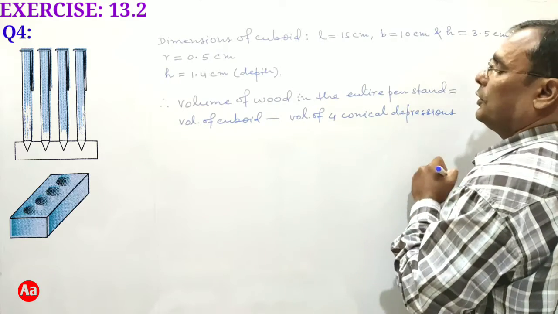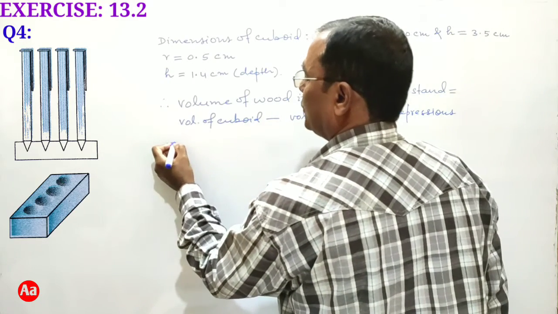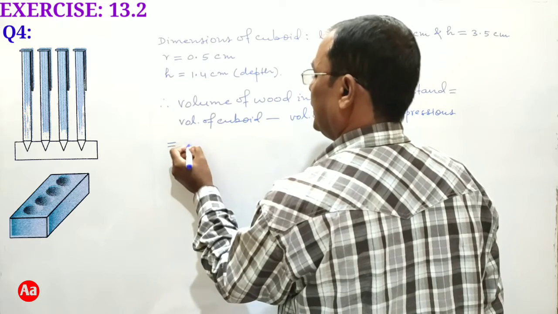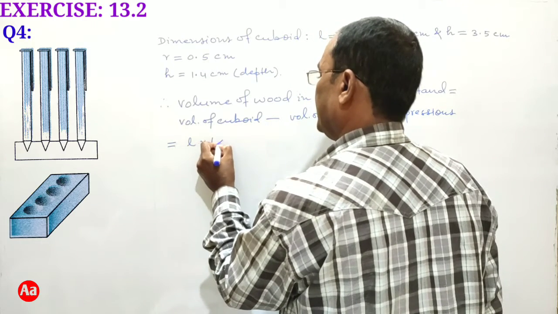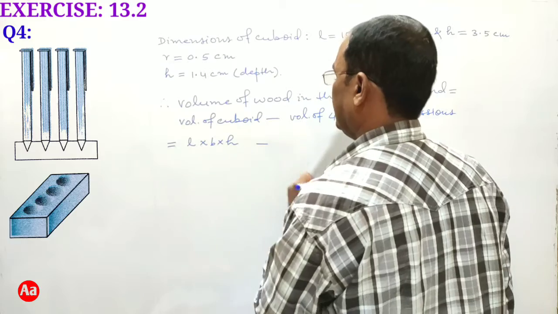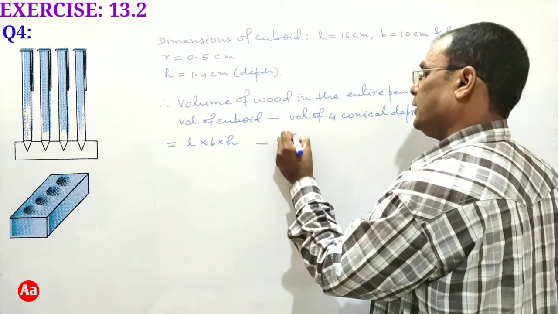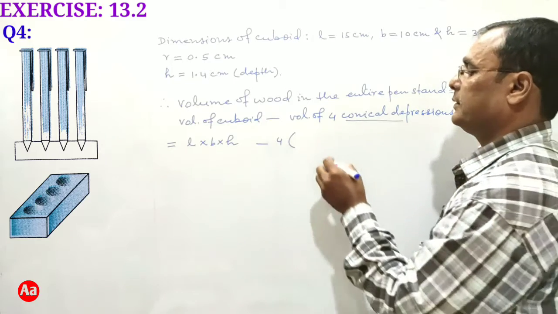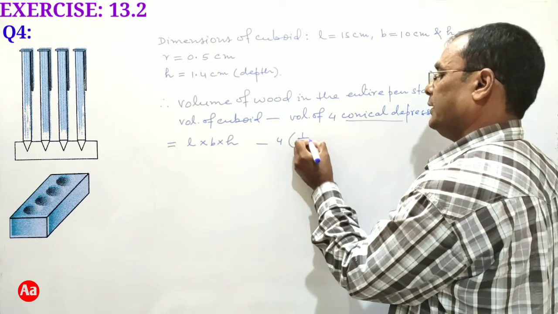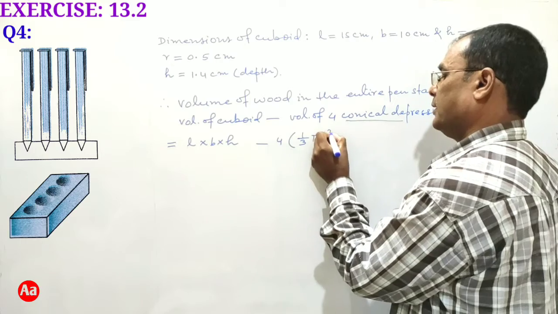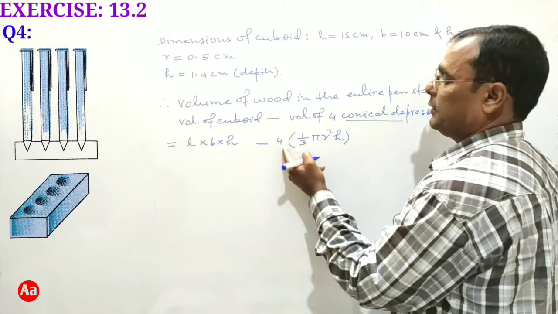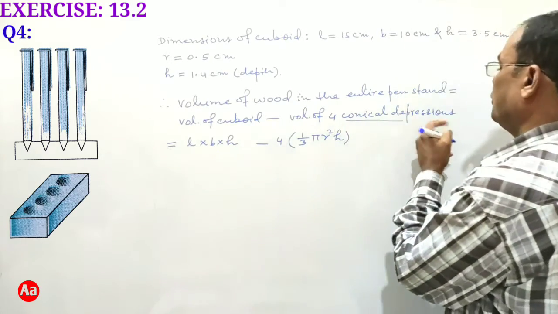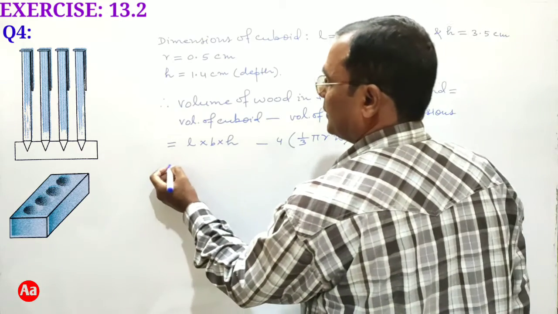Volume of cuboid formula is length into breadth into height minus 4 into volume of conical depression. So 1 by 3 pi r square h multiplied by 4 because there are 4 conical depressions.